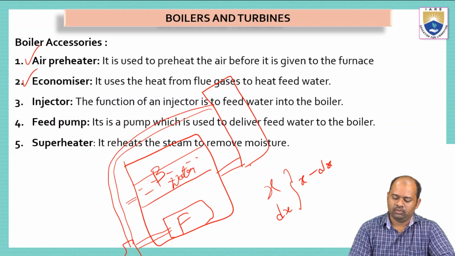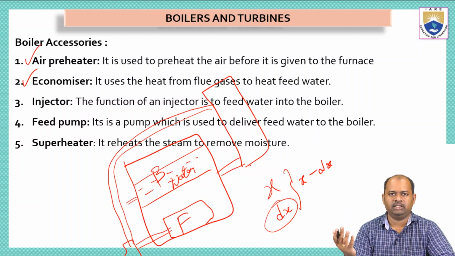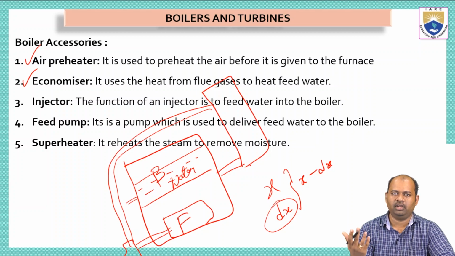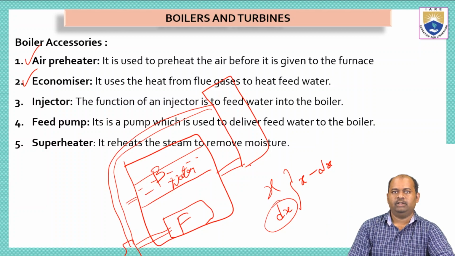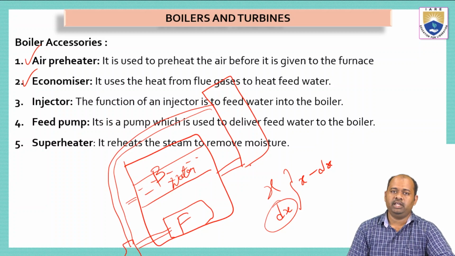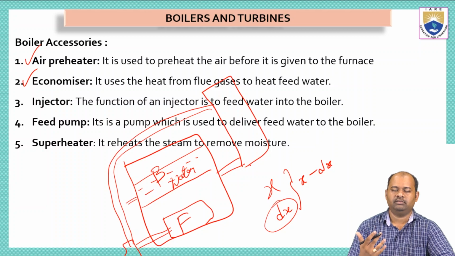So this delta x, or dx, is the amount of heat supplied from the hot flue gases, so that I can save this work for the next set of operations. That means I can save some fuel for the coming cycles. So the economizer is a device which will preheat the water, and the air preheater will preheat the air.